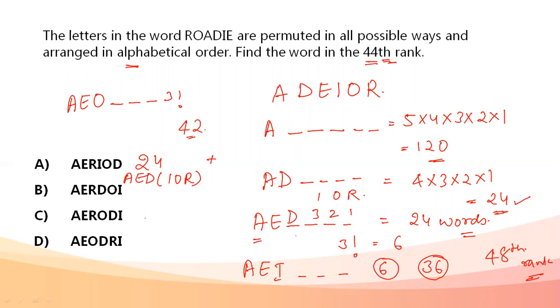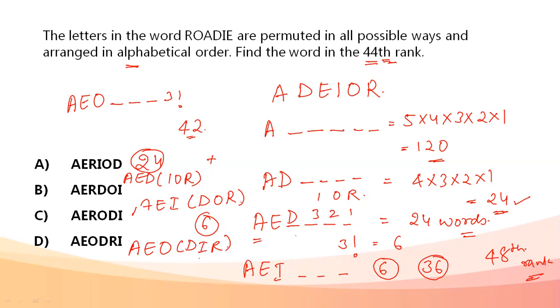Next we were forming with AEI, and if AEI is there, then it will be DOR. We had 6 more words that we found, so it's 24 plus 6. Next, if we do AEO, the next arrangement is going to be DIR. So I'll have 6 more words. We have reached until the 42nd position.